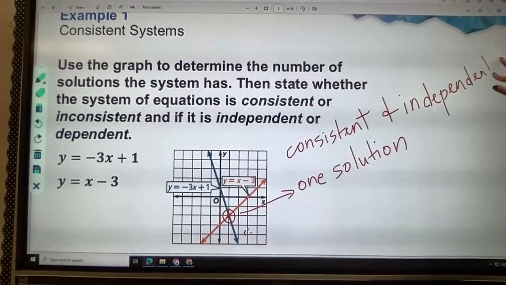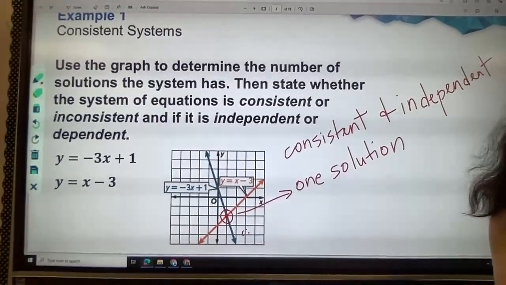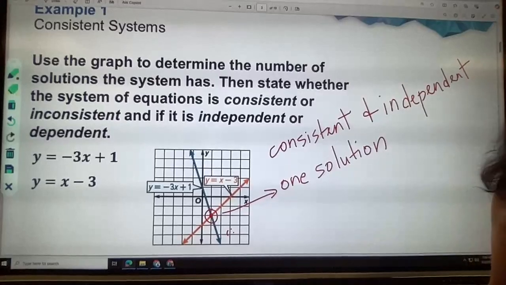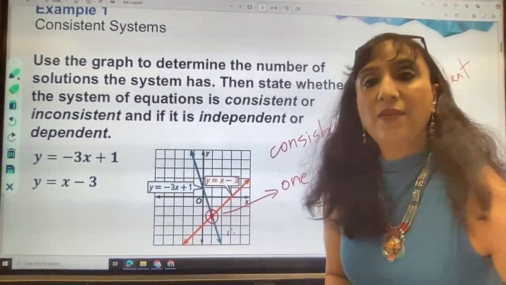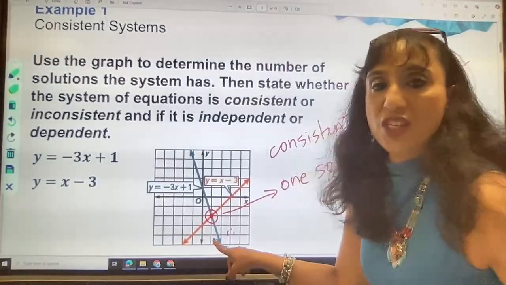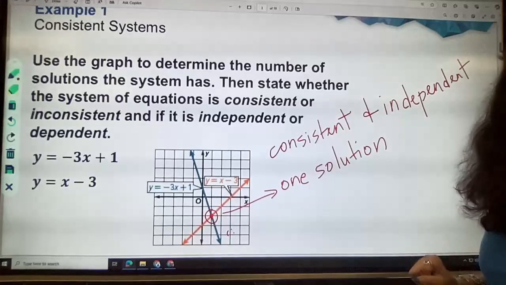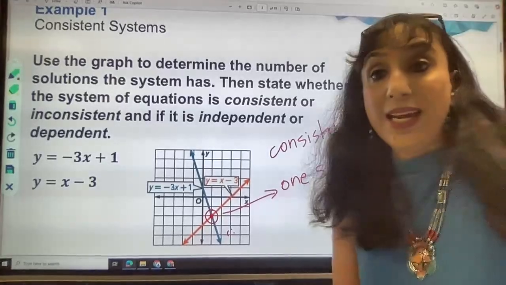Once again, since it is intersecting at exactly one point, there's only one solution, which is this ordered pair, and so this is consistent and independent.